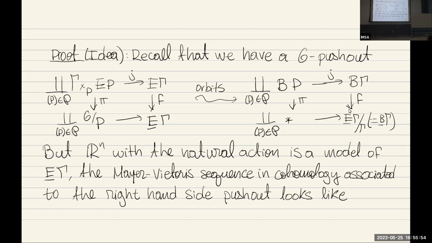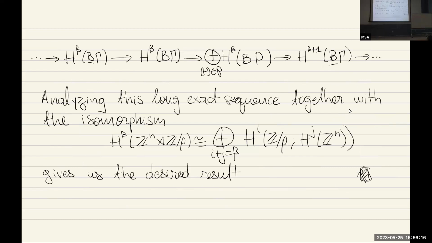We will denote this quotient by P bar gamma. But we know that R to the n with the natural action is a model of E bar gamma. It implies that when you take the Mayer-Vietoris exact sequence corresponding to this pushout, we have the following long exact sequence.